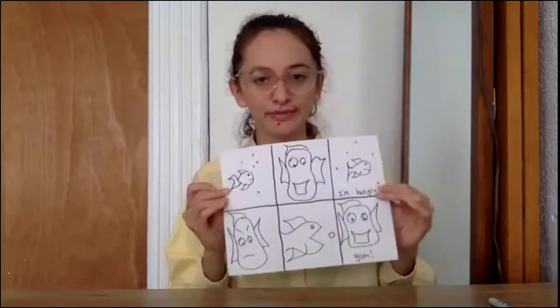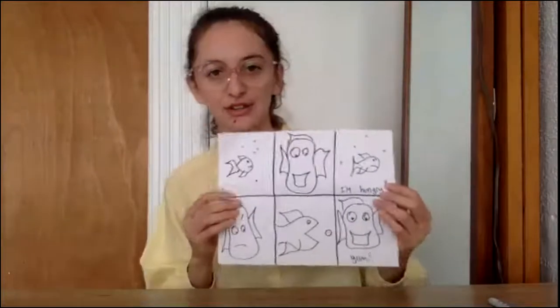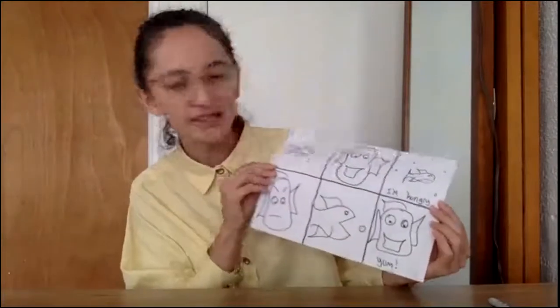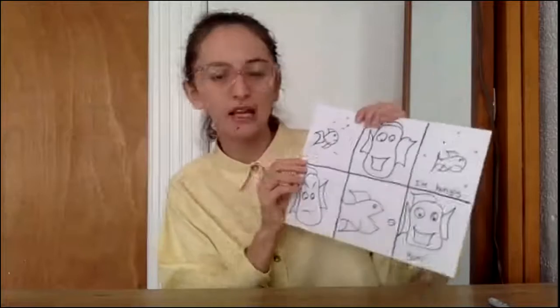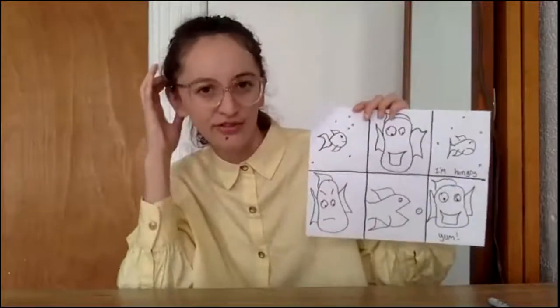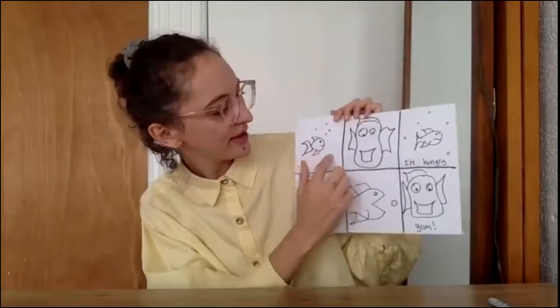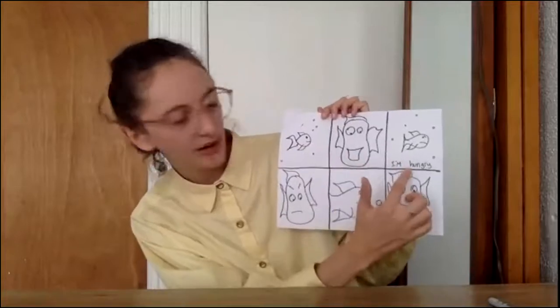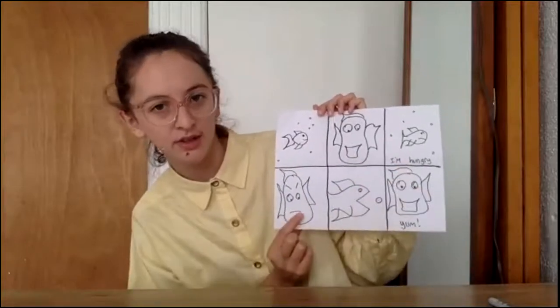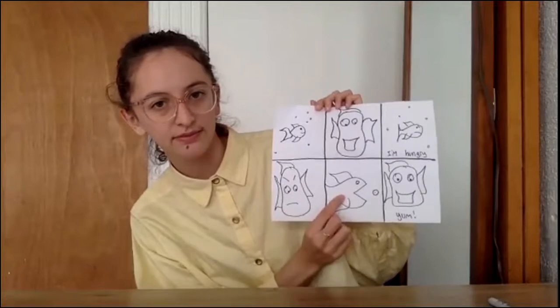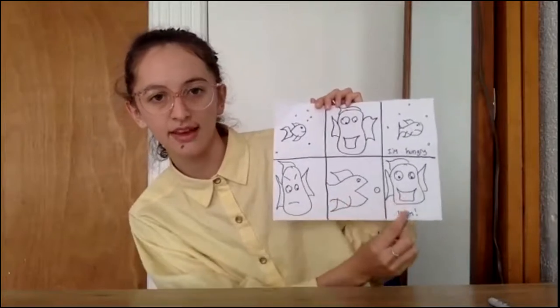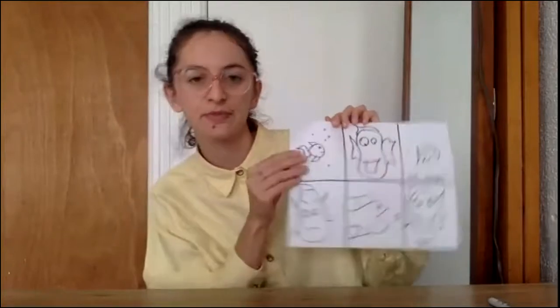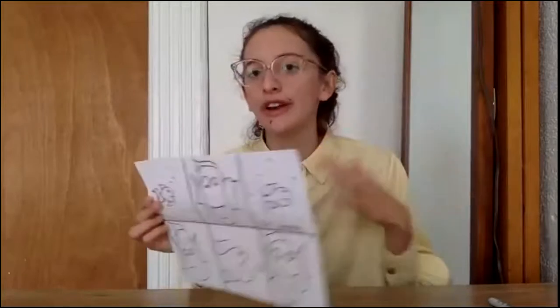So the first step is to take your storyboard. This is a storyboard that I quickly made of what I wanted the film to be. So, I had my fish swimming. He was happy. Then I wanted him to say, I'm hungry, and be sad, and then eat something, and then go back to happy and say yum. So hopefully you've already made a storyboard or a comic book.